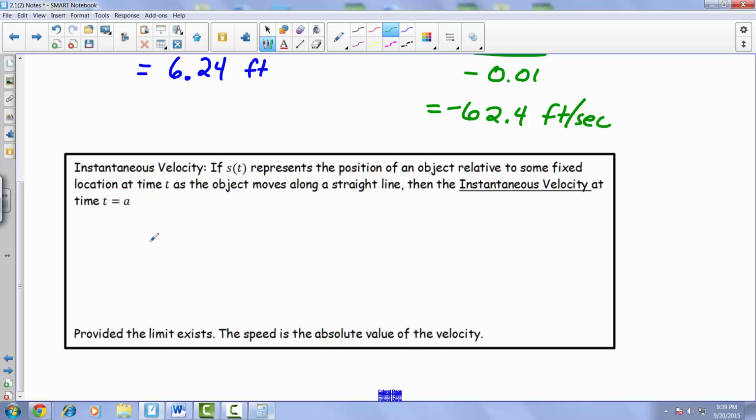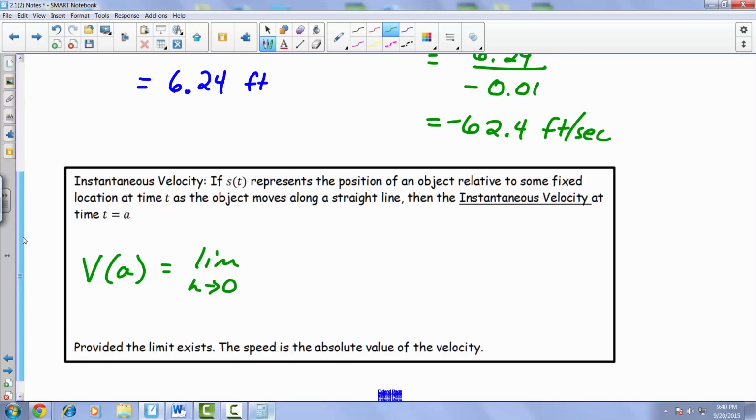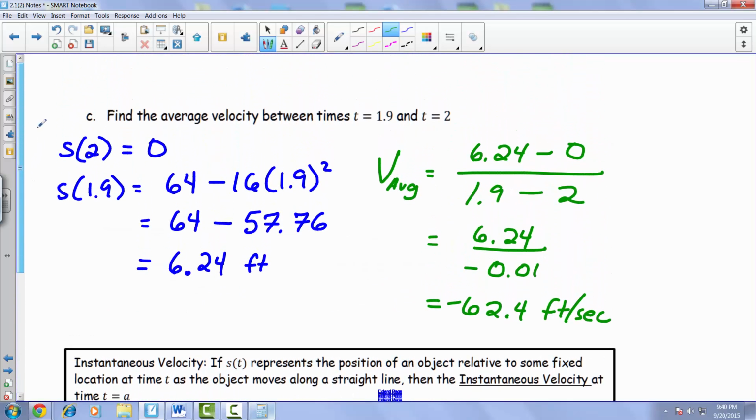In any situation, if we're trying to figure out the instantaneous velocity at this particular a value, that target time that we're hoping for, then we have to take the limit as h goes towards 0. In other words, we are getting closer and closer to our target time. In this case, we were getting closer and closer to that target time of 2.